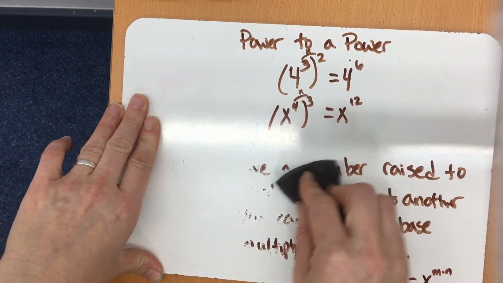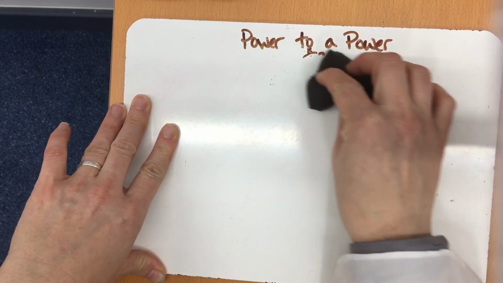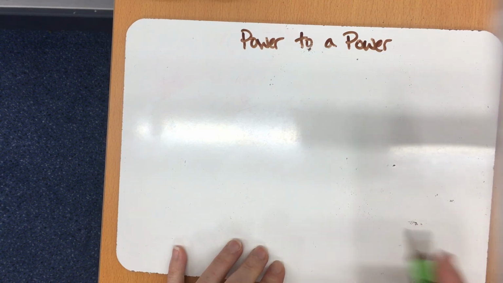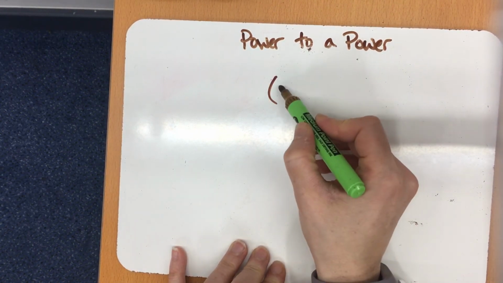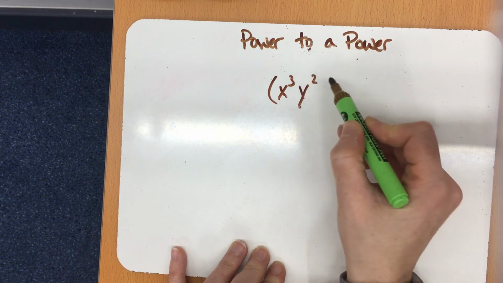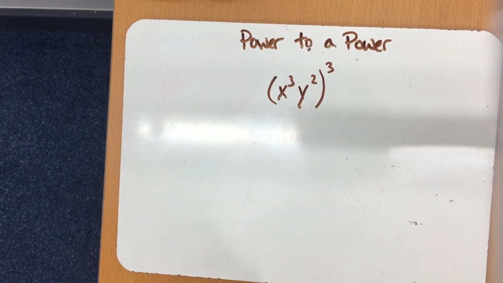One other thing I want to show you before I end this video and move on to the next one is that sometimes you have more than one thing in parentheses taken to a power. So let's say I have in parentheses x to the third power, y to the second power, to the third power. I want you to look at what this means in expanded form.